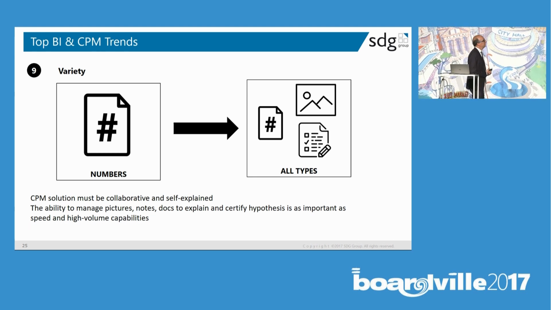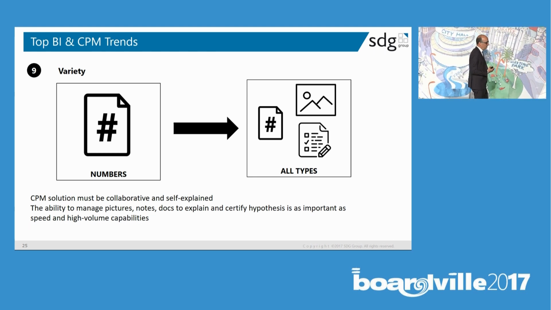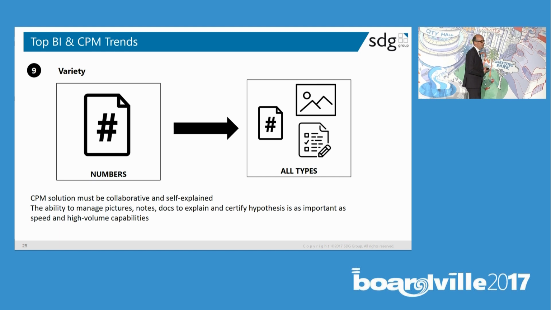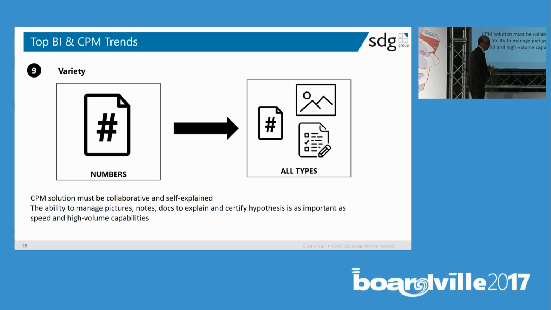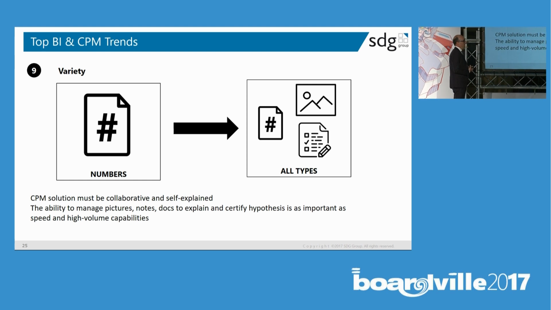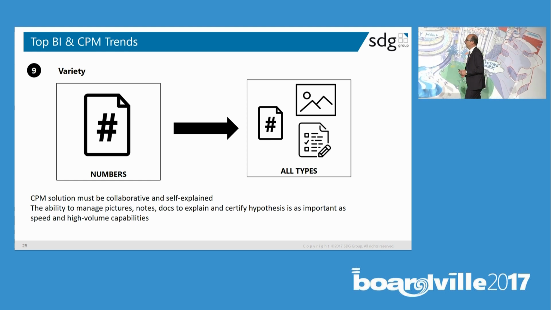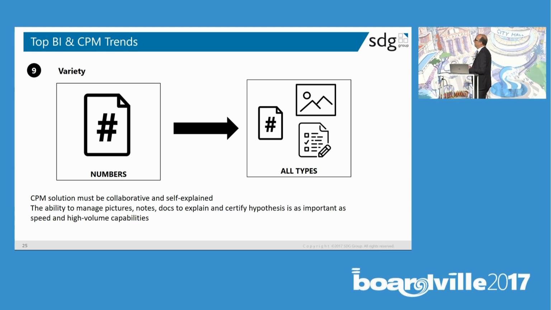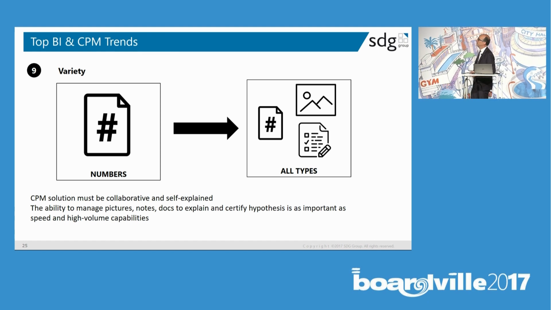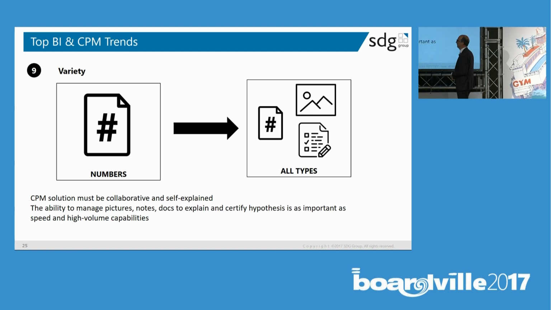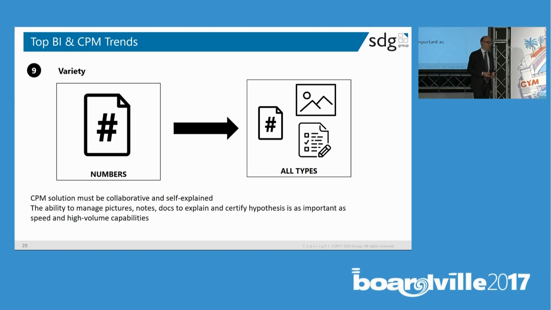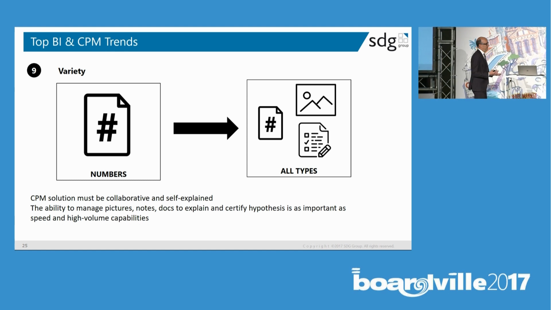Number 9 is the capability to merge into the CPM model numbers, of course, but also all the data that you can provide in order to explain the information that you are writing. So you have to cover and manage also pictures, notes, and documentation in the same application.